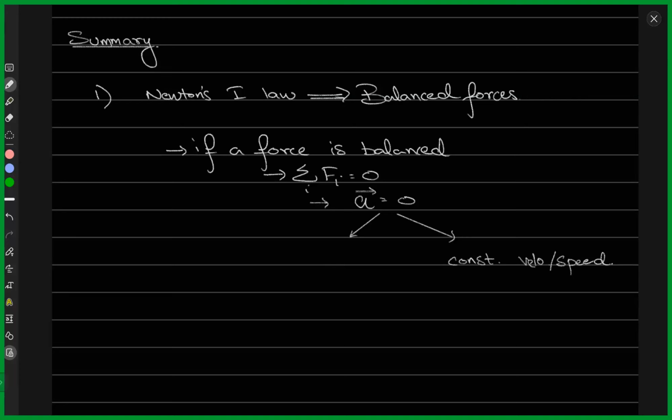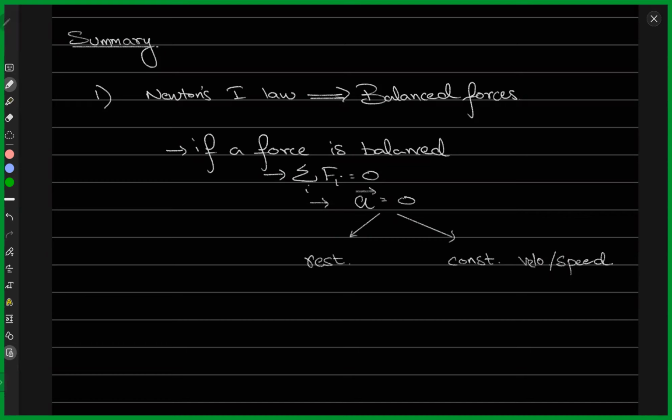The other possibility could be that the system is at rest. We are coming from the sum of all the forces being 0, so the acceleration is 0. Acceleration 0 would imply that the system is at constant velocity or speed, or it is at rest, right?